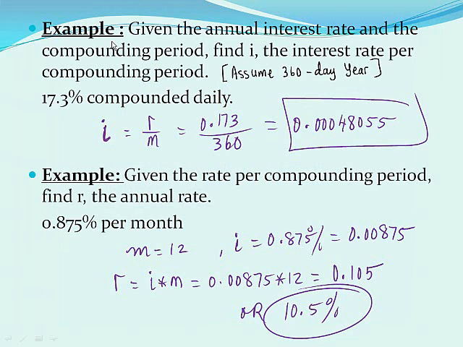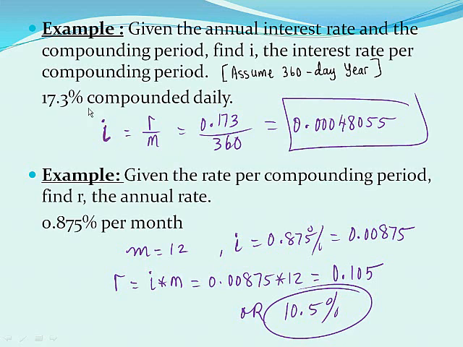Here are some examples. Given the annual interest rate and the compounding period, find I, the interest rate per compounding period. 17.3% compounded daily. So here we are going to assume that there are 360 days in a year. To calculate the value for I, we divide the annual rate, which is 17.3%, by the number of days in a year, which is the M value.